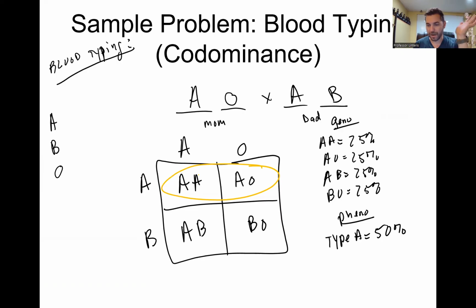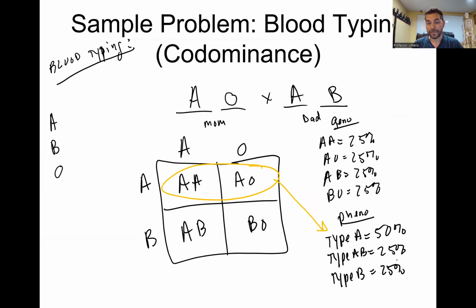We just do A, B, and O. AA is blood type A, and AO is blood type A. Because if you have an A, you make the A protein, your blood type is A. 25% chance AB, and type B, 25% chance.